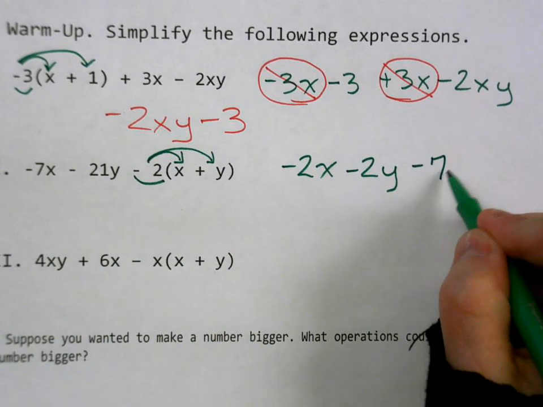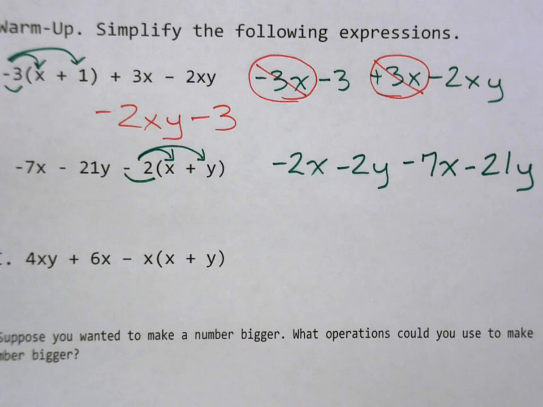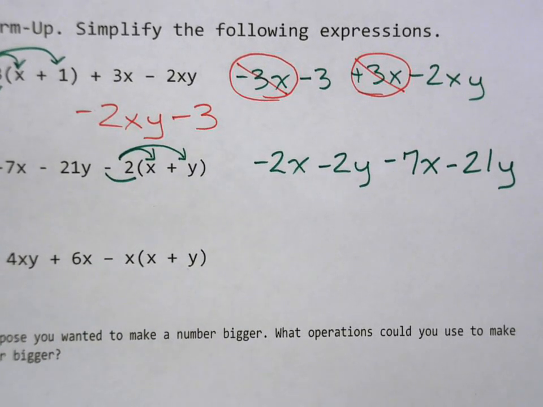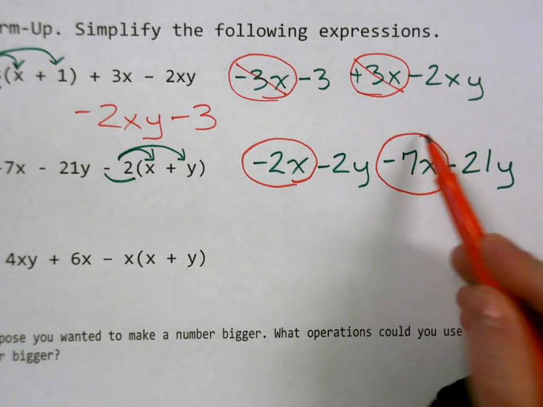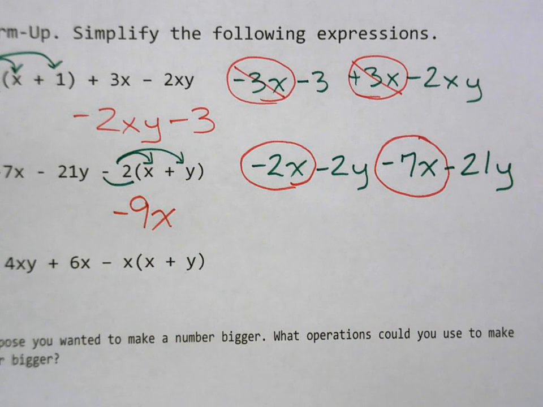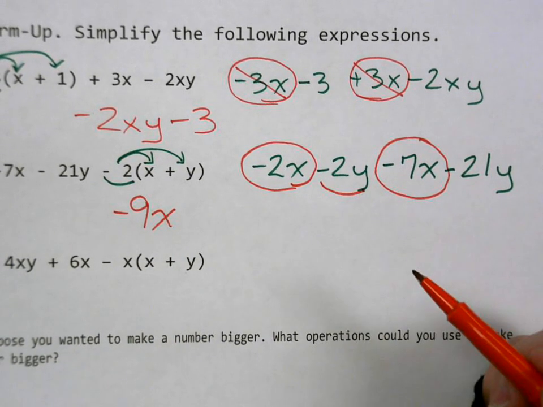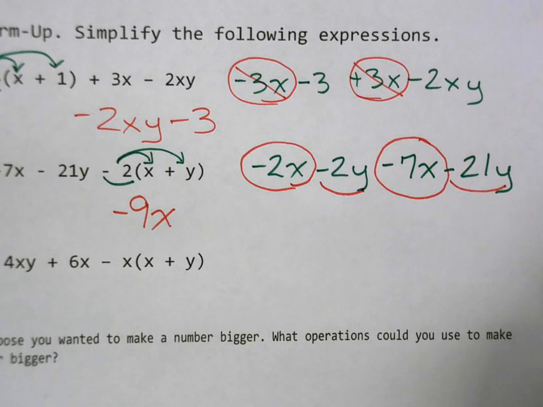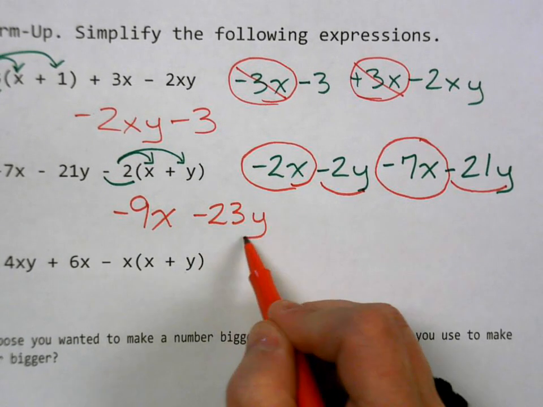No. So we've got -7 minus 21y. Do I have any like terms I can combine? -2x and -7x give me a -9x. Then I have -2y and -21y, which gives me a -23y.